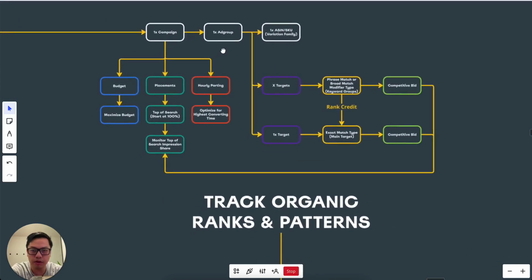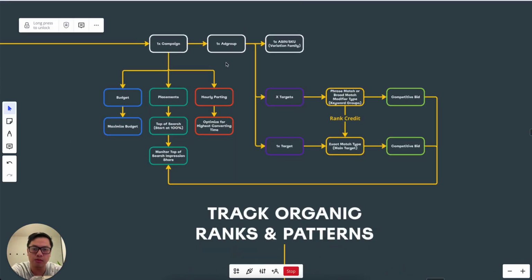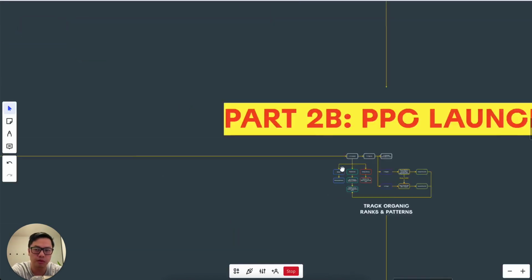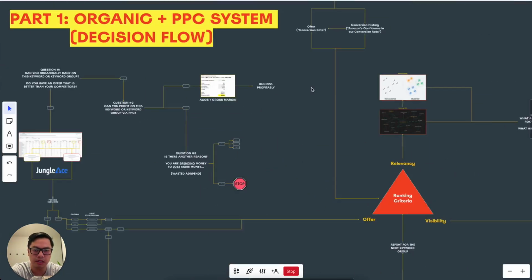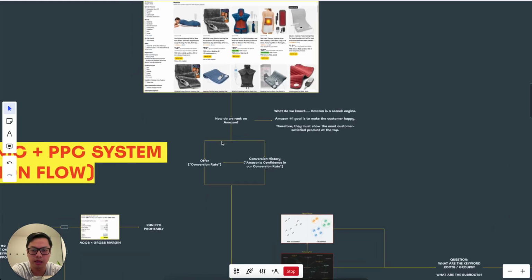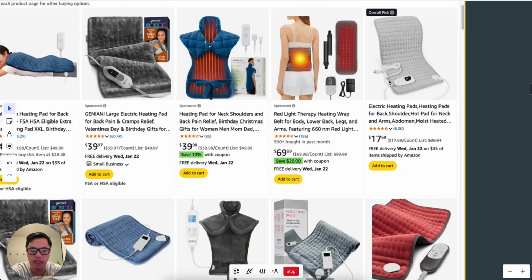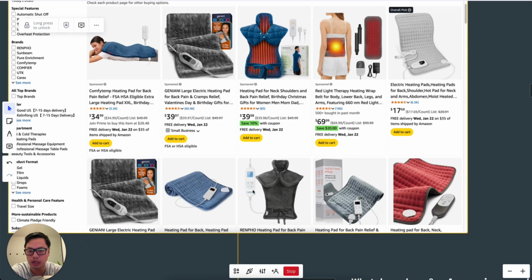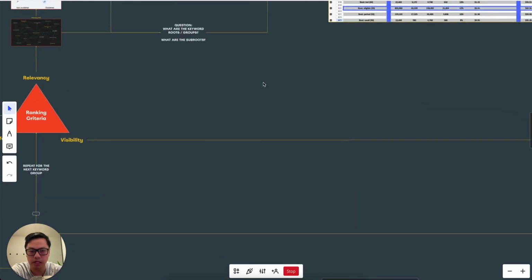It's pretty straightforward, but generally there's a way to run PPC in order to maximize your chances of rank. It's best explained by going back to the basics: how do you rank for the top positions here? You have to have the best offer. What does best offer mean? It means conversion rate.